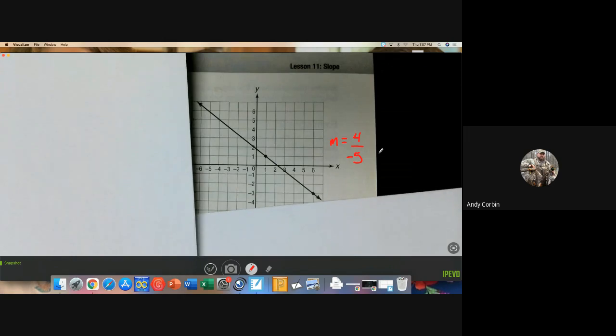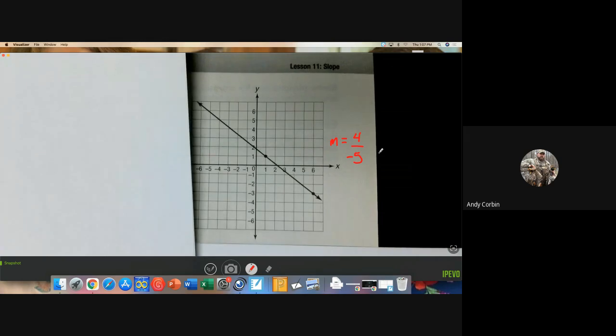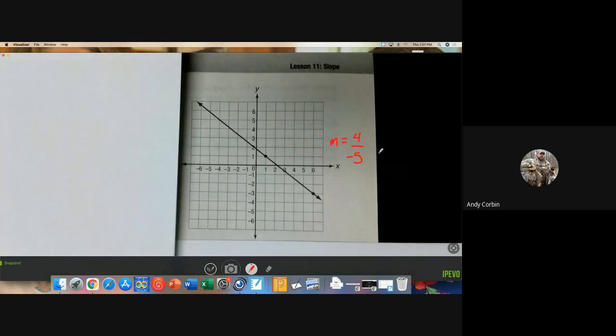I got 4 somehow. -4? No, you miscounted. A lot of people miscount because they start counting before they move their pencil. Don't count until you move it. So I'm going to go 1, 2, 3, 4, and then 1, 2, 3, 4, 5.